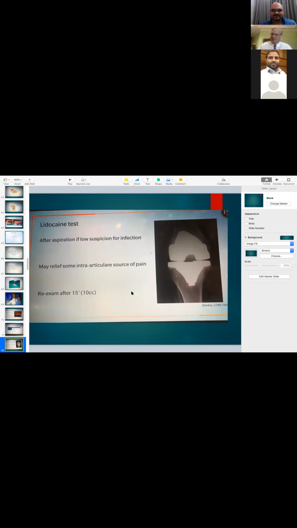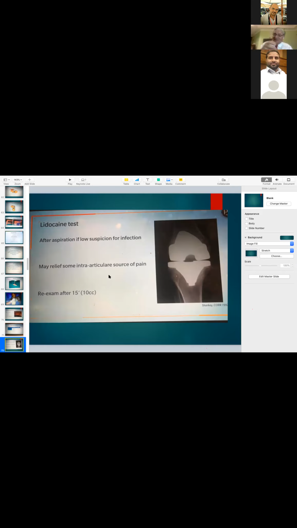test. Whenever we do aspiration for infection, you can inject lidocaine, about 10 cc intra-articular. If the pain disappeared, this means no infection. This means there is something, maybe micro loosening, that does not appear in the X-ray, because after 10 or 20 minutes the patient will say, okay, my pain has disappeared, and he can walk.